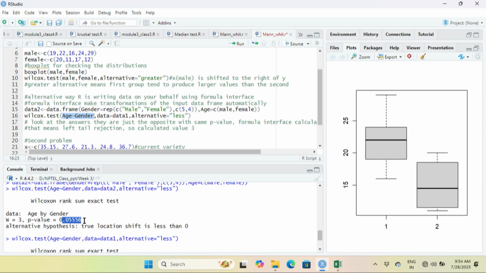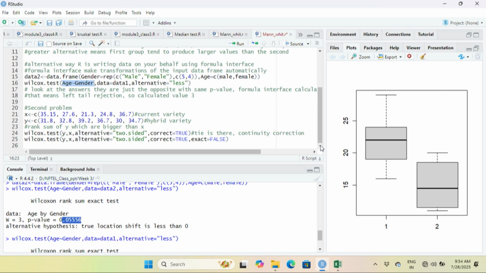So your p-value is 0.055, which is slightly bigger than 0.05. So we fail to reject the null hypothesis, and that is exactly what we received while doing the same problem manually. Clear? Okay. Now we will go to the second problem.